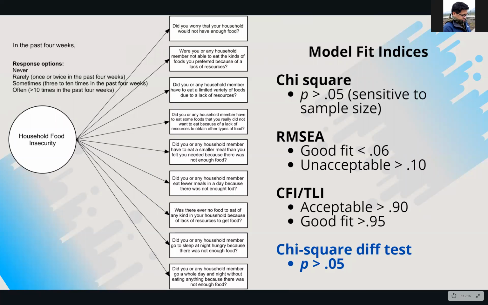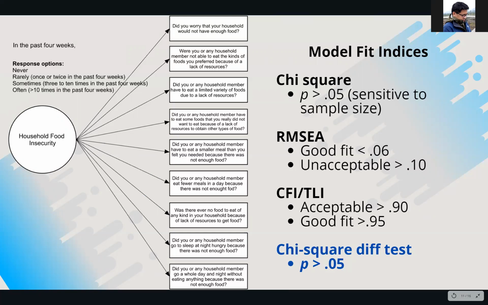Given chi-square's sensitivity to sample size, we used other model fit indices. These fit indices included the root mean square error of approximation, Tucker-Lewis index, and comparative fit index, with the acceptable and unacceptable values listed on the slide.